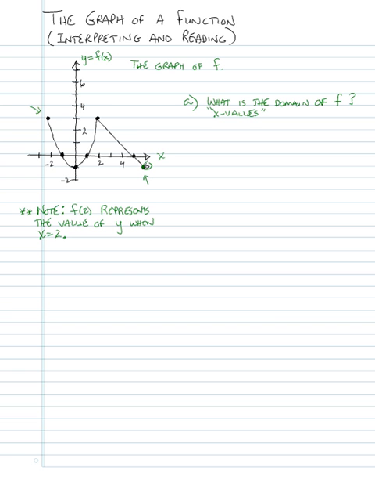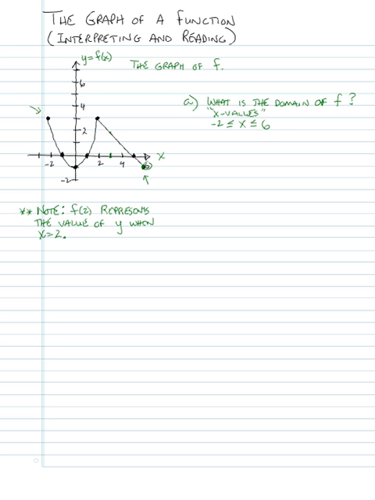And so as we look at the graph and we think, okay, well, what about this particular x value? Does it have a place on the graph? Well, sure it does, right there. Okay, it has a place on the graph. Well, I'm not sure what y value that is, but it has a place on the graph. And so in this case, the domain is the set of all x's that are bigger than or equal to -2, because -2 x value is being used, but less than or equal to +6.